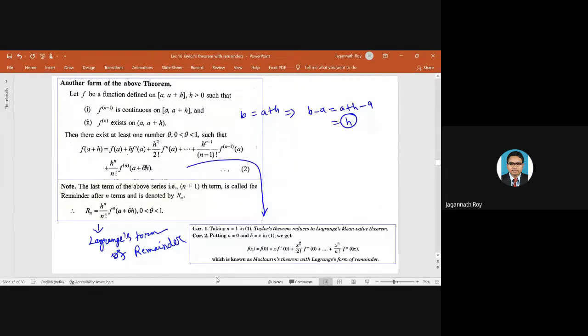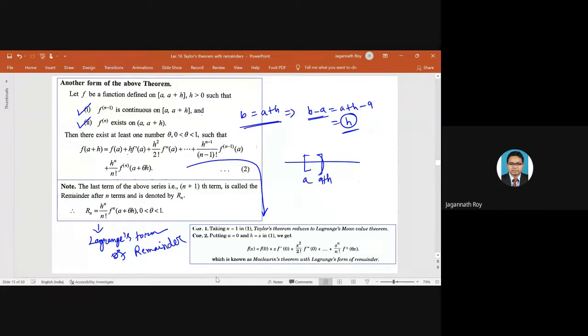Instead of b, we'll substitute a plus h, just a slight increment. For example, we have taken a plus b, but we'll try some small amount of increment, for example, a plus h. So if you take a small increment, then b minus a will be h, and we'll write the conditions. These two conditions will hold.